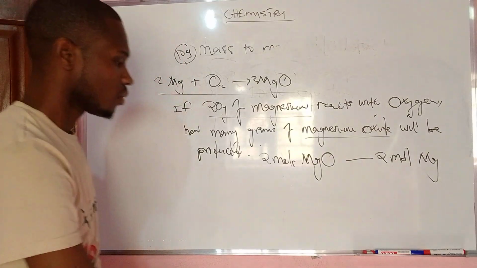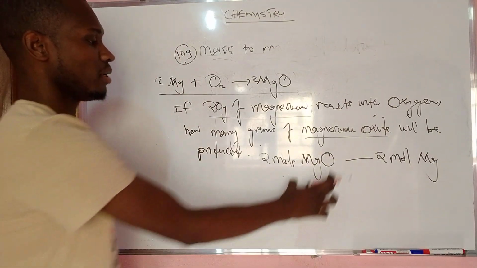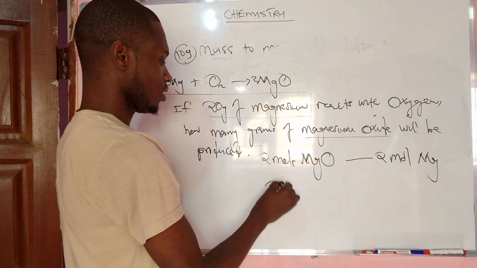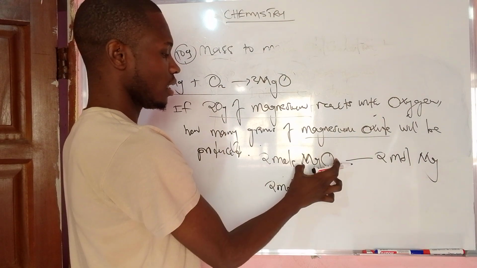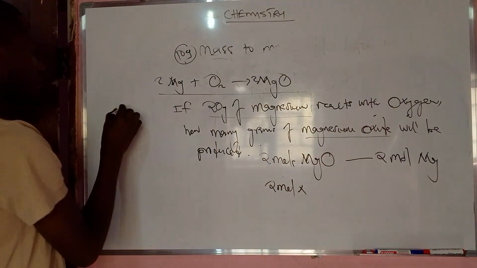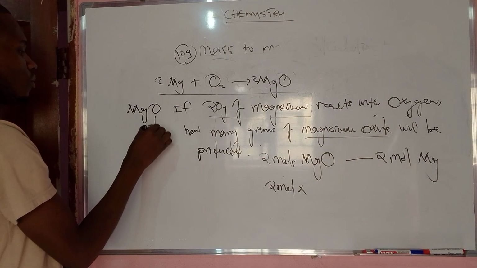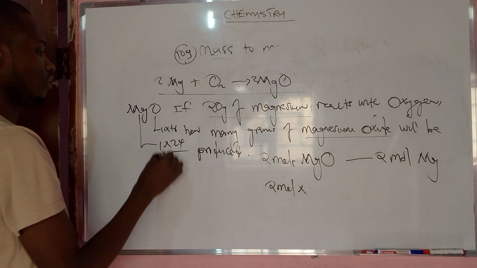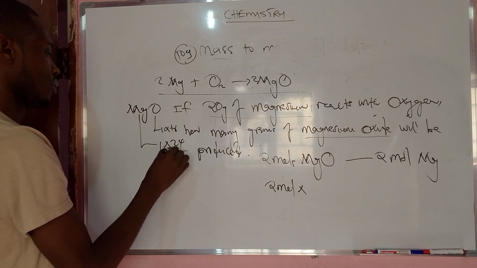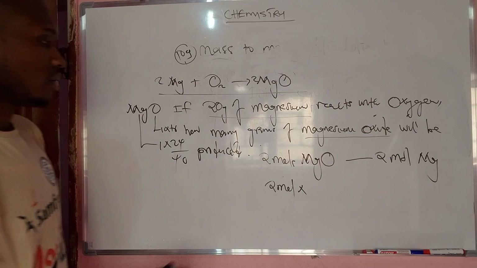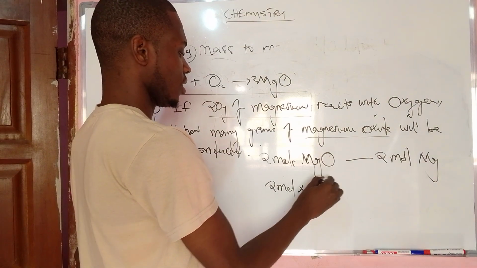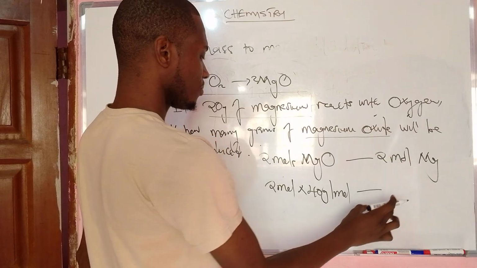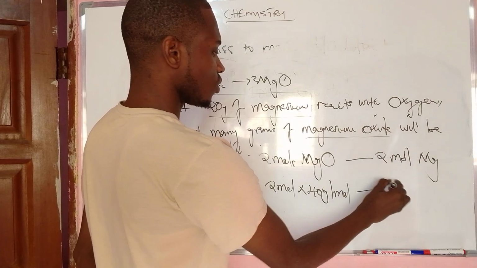The next part is to find the molar mass of this one. Therefore, I'll just drop down this part: 2 moles times the molar mass of this one. Remember, we have 1 times 16, then 1 times 24. When you add, you're going to get 40. So you multiply by 40 grams per mole of magnesium oxide. Then here also, I'll drop these 2 moles.